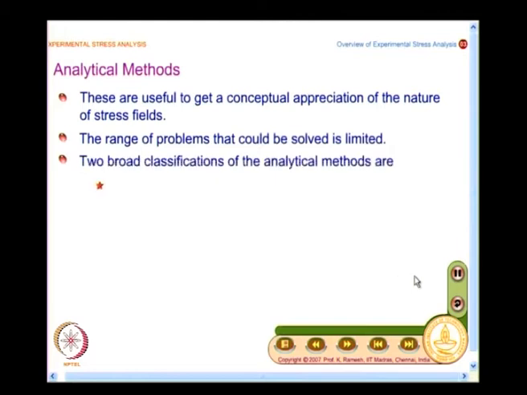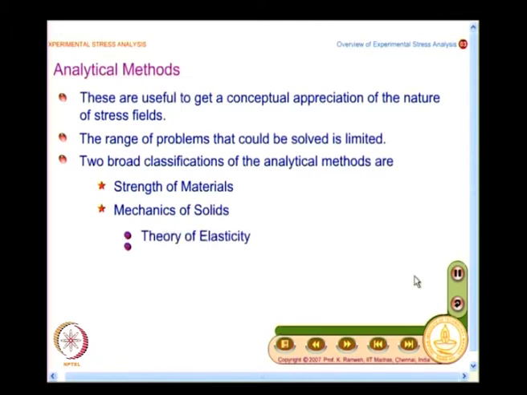The broad classification of the analytical methods: we call them strength of materials and mechanics of solids, and in mechanics of solids you could classify that as theory of elasticity and theory of plasticity. They are very useful in getting a conceptual appreciation of the nature of stress fields, but the range of problems that could be solved is limited.